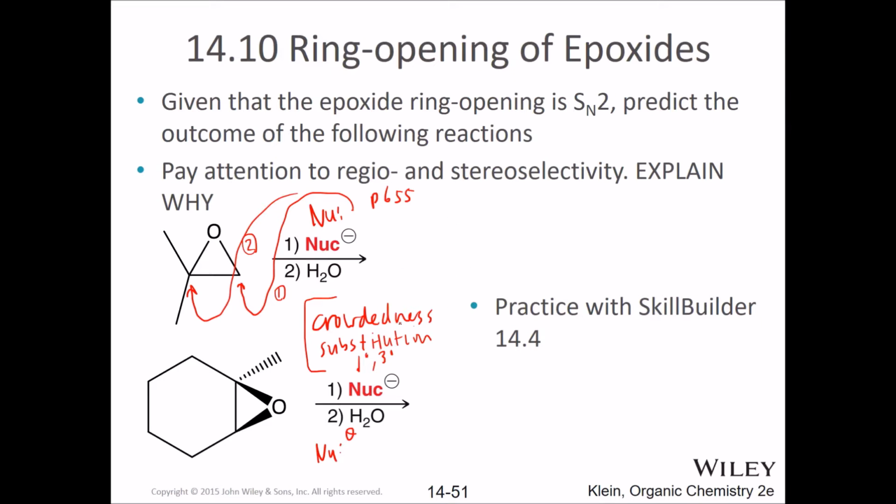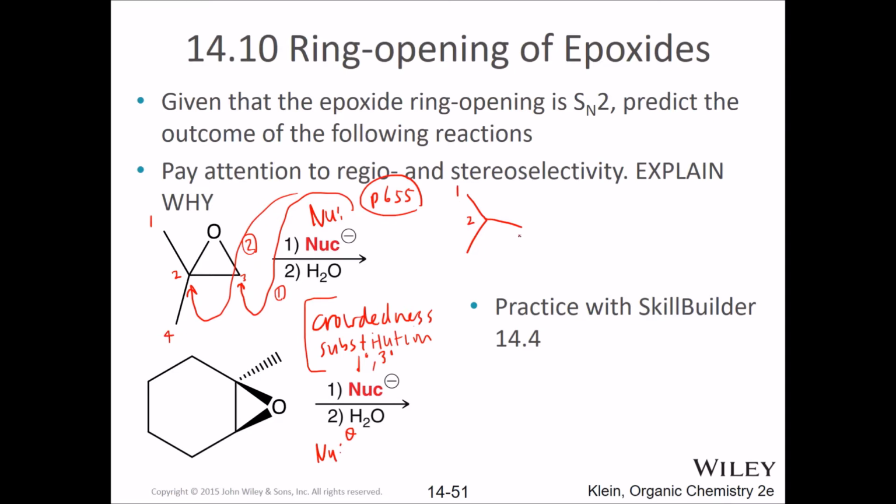All right, so for now, the answer's on page 655. I'm going to tell you the answer now. The answer is, it goes to the less crowded position. So the nucleophile is going to come here, and the answer for this first one is, let's see, 1, 2, 3, 4.